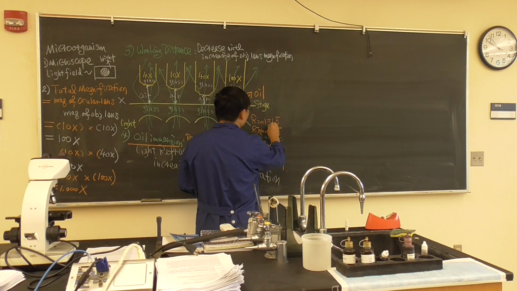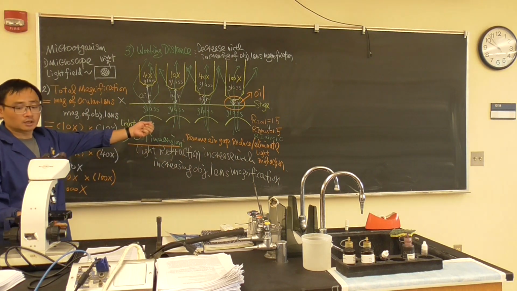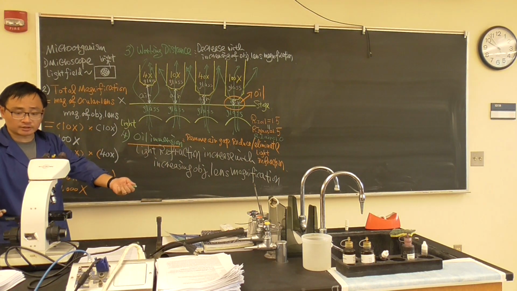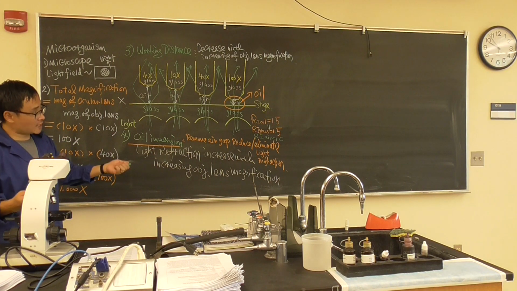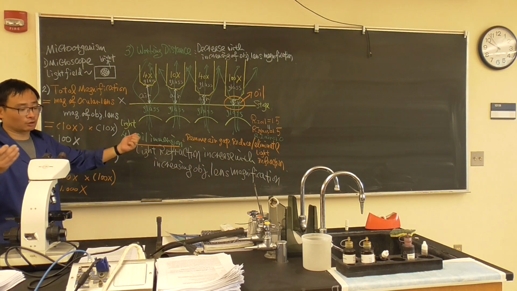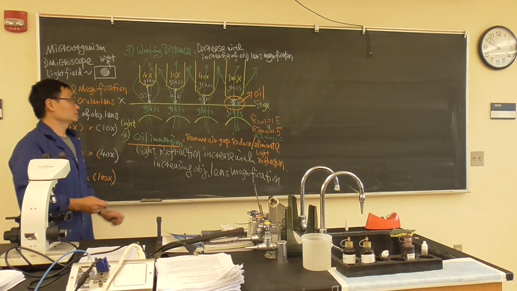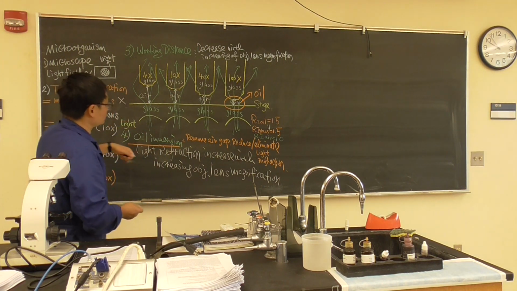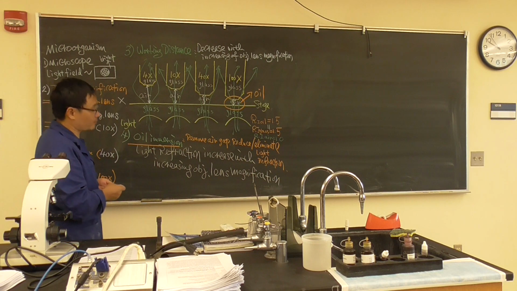These two are equal. So when you put oil there, the light microscope becomes a whole system. From glass to oil to glass, their refraction index, all 1.5, is the same. So this tells you the function of the oil immersion is to remove the air gap.